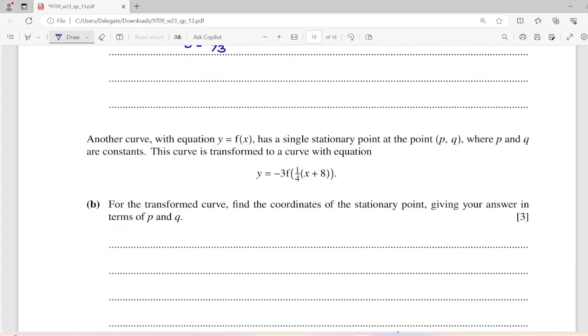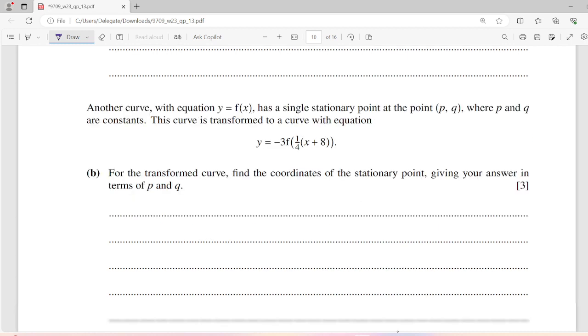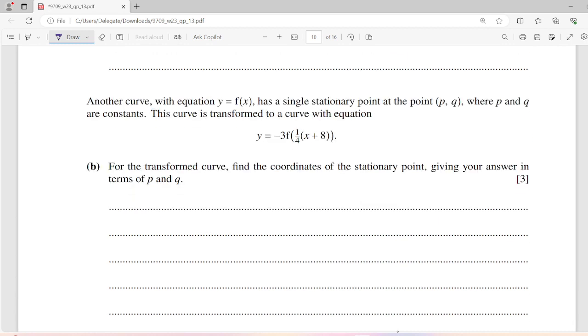Then I come to another question, another curve that has a stationary point of P and Q. So we are seeing that the stationary point on an original curve had this kind of transformation.